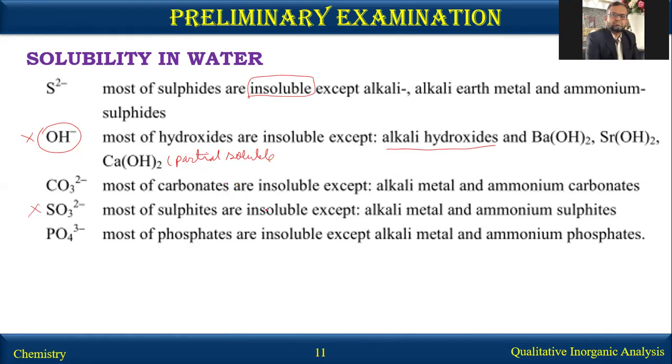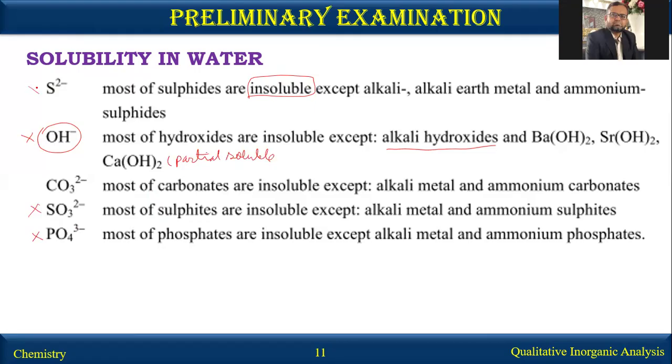Most of the sulfites are insoluble except the alkali metal and ammonium sulfites. Phosphate. Most of the phosphates are insoluble except the alkali metal phosphates and the ammonium phosphate. In most of the colleges, it is not given. But remember that it is part of your viva and your scheme.